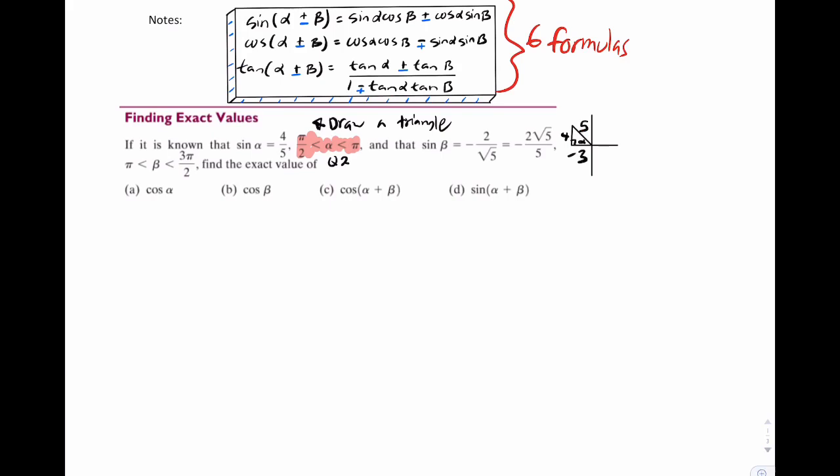Let's keep reading. Sine of beta is -2 over root 5. And beta, again, here's the important part, between pi and 3 pi over 2, that should be quadrant 3. So over here, I'll draw my second triangle. Quadrant 3 like that.